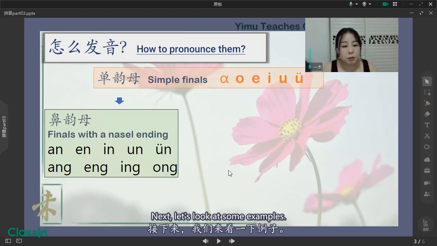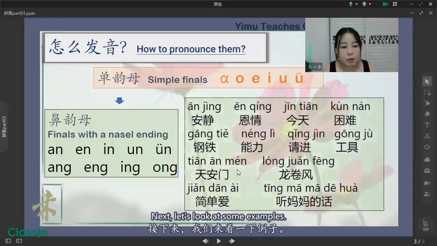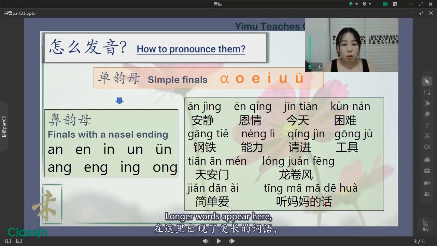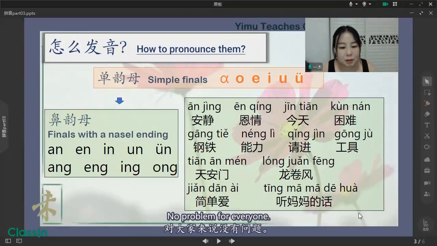Next, let's look at some examples. Longer words appear here, but don't worry, no problem for everyone.